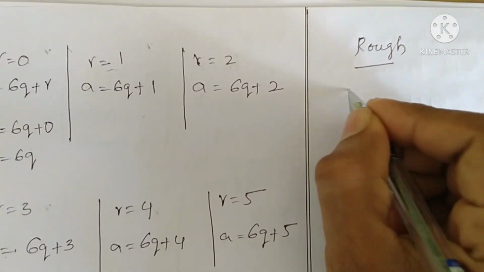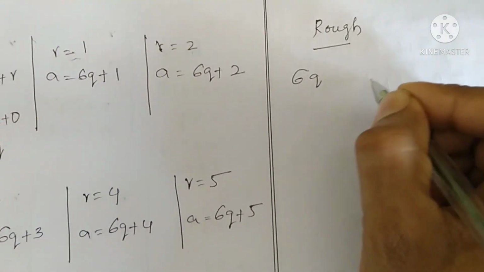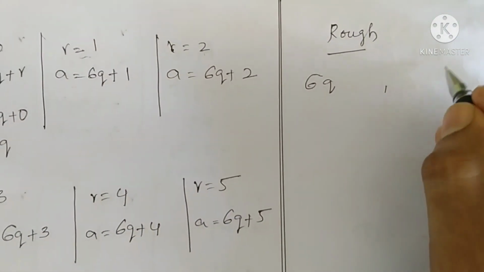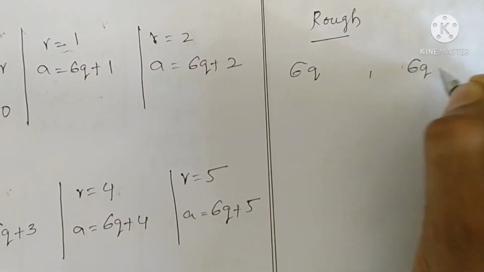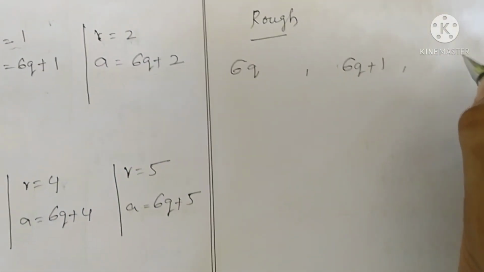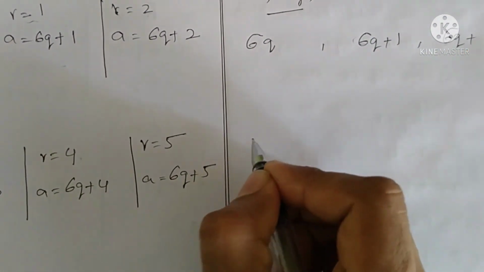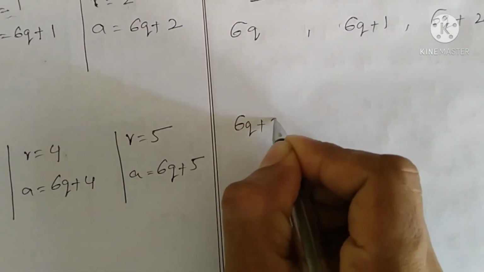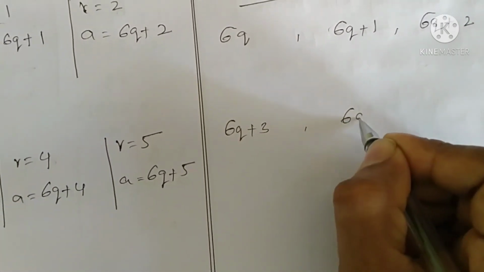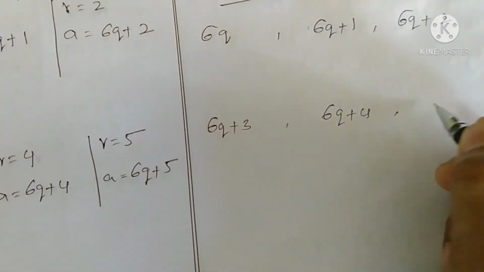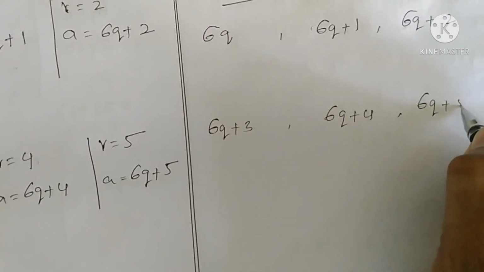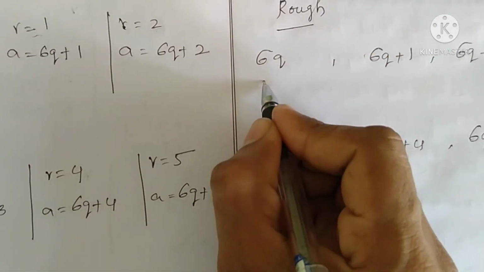So when r is equal to 0, the value is 6q. When r is equal to 1, 6q plus 1. When r is equal to 2, 6q plus 2. When r is equal to 3, 6q plus 3. Then 6q plus 4, and 6q plus 5. So here 2 is common.